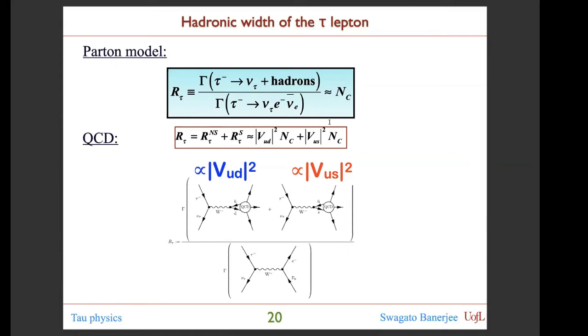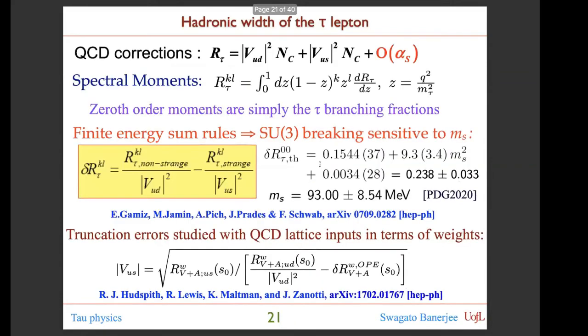These corrections can be broken up into the SU(3) conserving part and the SU(3) breaking part, and these are then proportional to the |Vud|² and the |Vus|² respectively. So the equation that we use to obtain the Vus is then given by this flavor breaking term, this correction term.